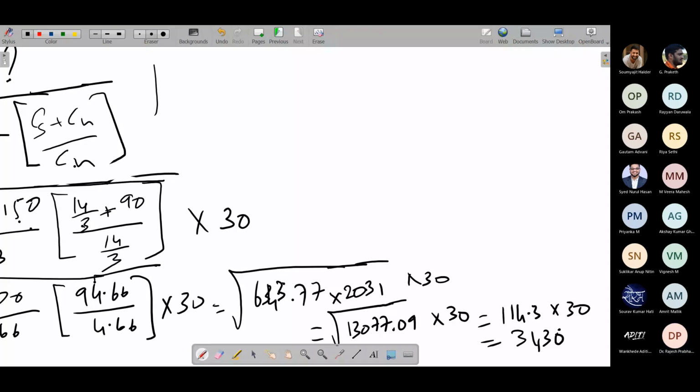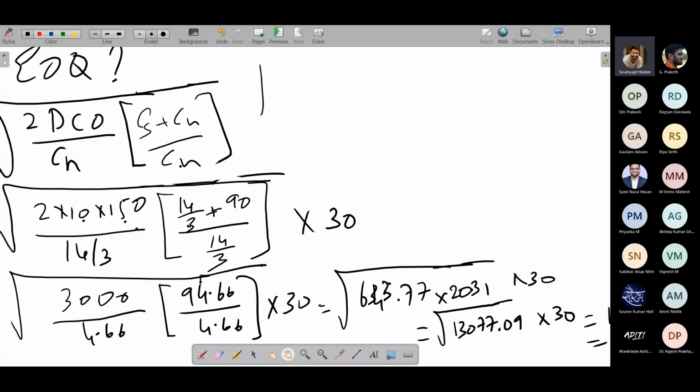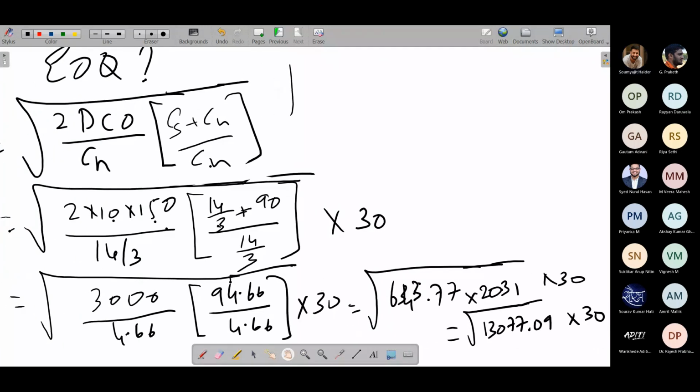All right. Sir, your EOQ formula is CS plus CH by CS, right? Also, you have taken CH as the numerator. It has to be CS, shortage cost. Like it will be 14 by 3 plus 90 divided by 90.